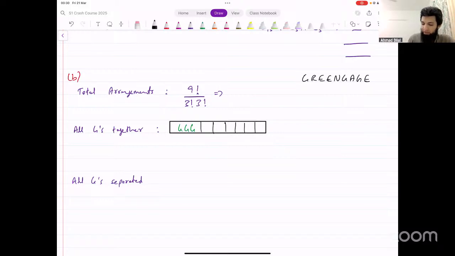The remaining letters are R, E, E, N, A, E. 7 boxes in total. That would be 7 factorial divided by 3 factorial because of the 3 E's that we have. These are repeated. And that will give us the result in this case. So the first one you're saying is 10080. And then the second one, 7 factorial over 3 factorial.